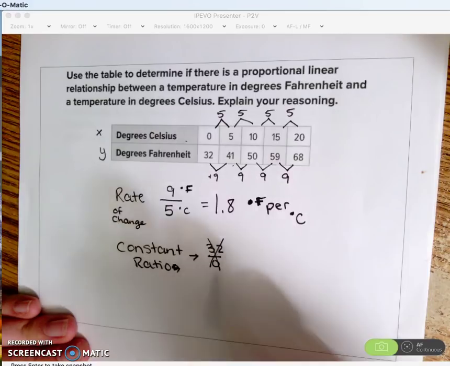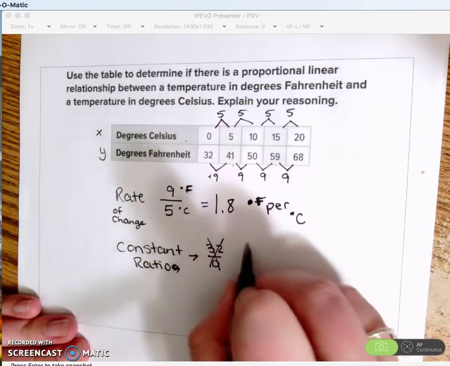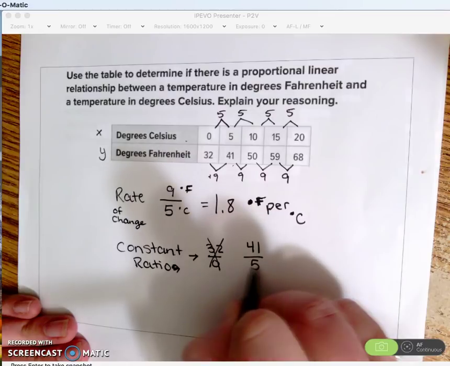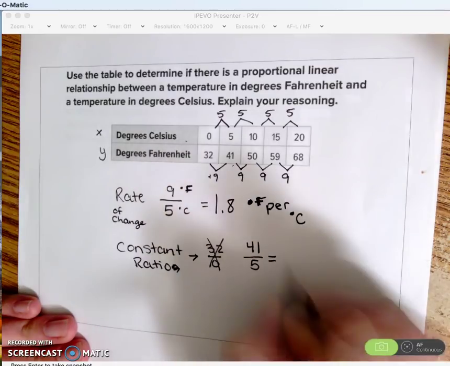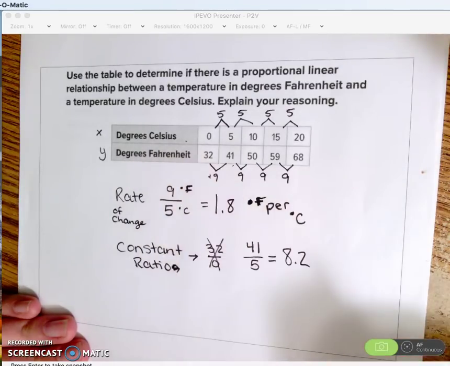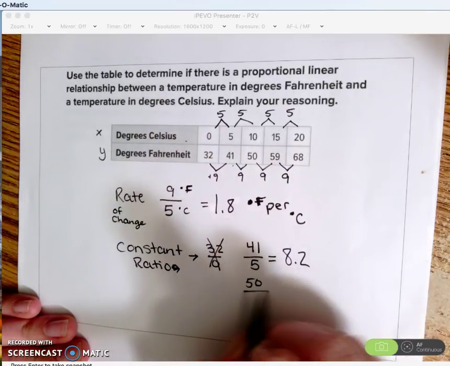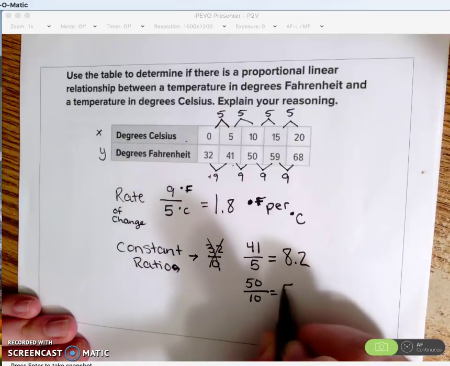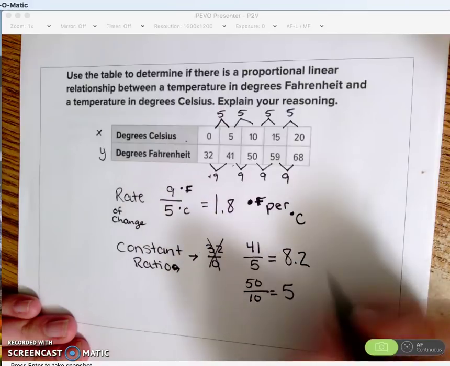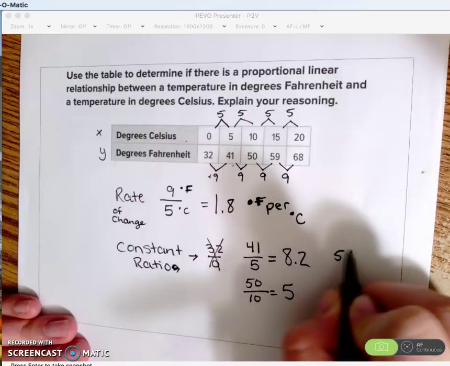And I'm not going to do that one, but 41 over 5, and that's going to reduce down to 8.2. 50 over 10, that's going to be 5. 50 divided by 10. You can use a calculator on these.